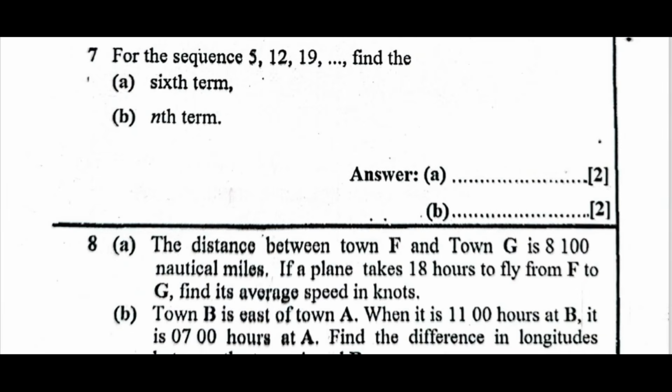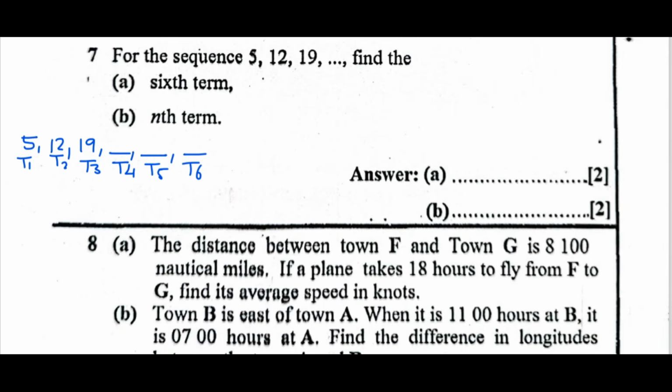Then we go to question 7. For the sequence 5, 12, 19, find the 60th term. So we'll say 5 is our first term, 12 second term, 19 third term, dash fourth term, we have fifth, we have 60th term.